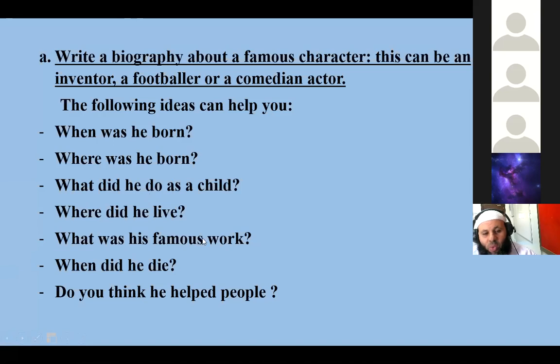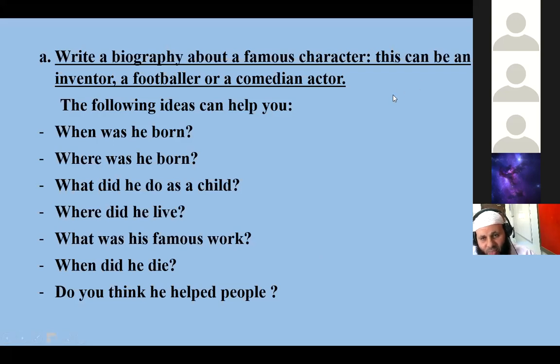What are his famous works? For example, did he do films or episodes on YouTube? Is he still alive or did he die? Do you think he helped people? So you can write about the biography of a famous character. You choose either this one or that one.